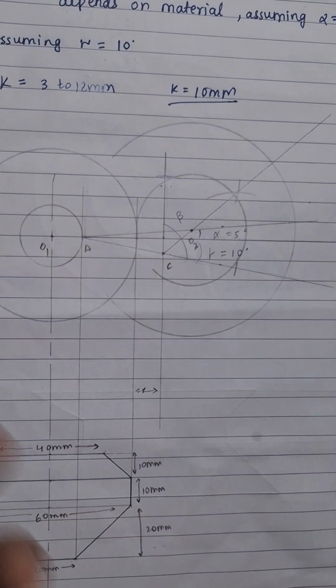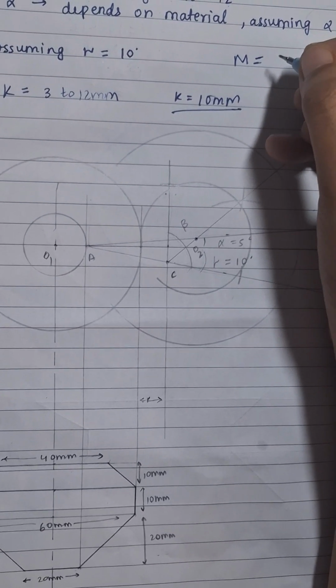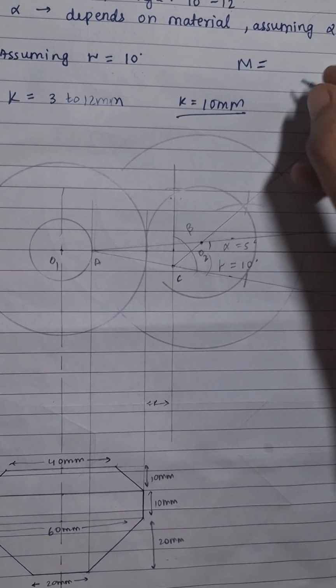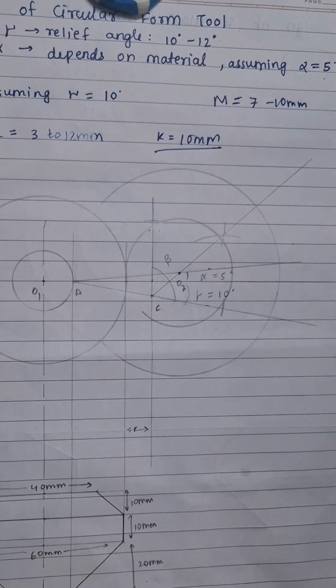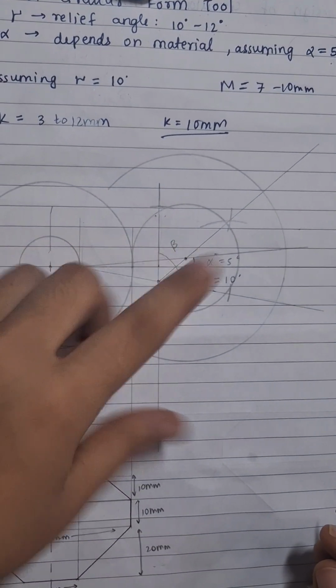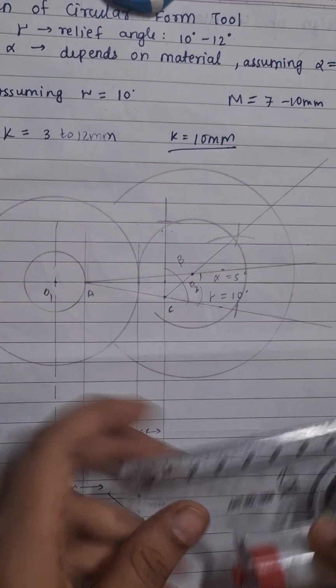Now there is another value that is to be assumed, that is the value of m. M has to be assumed from 7 to 10 mm, and let's say, how much can we take? 5 mm maybe? Let me check.